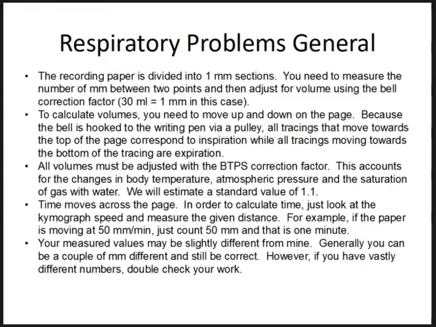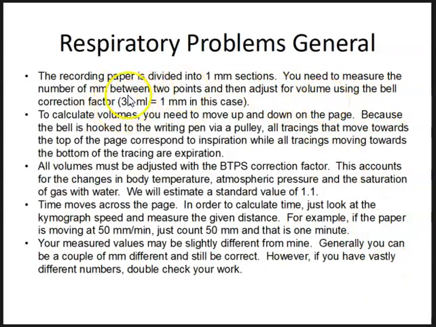So here are just some general notes for the respiratory problems. The recording paper is divided into 1 millimeter sections. You need to measure the number of millimeters between 2 points, and then we use our correction factors to adjust for volume. We use the Bell correction factor to adjust for volume.